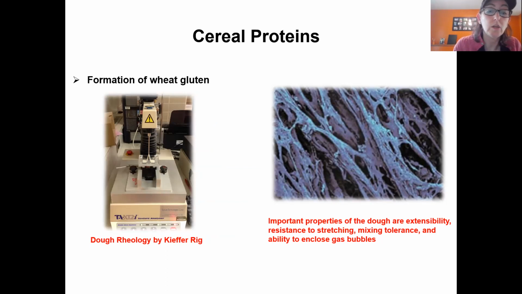But here, if I want to determine extensibility and strength of the dough, there's this Kiefer rig where you prepare strands of dough, and then you pull up the strand and measure the height, how much you can pull it up before it breaks. So that's a measure of extensibility. And the force is the measure of elasticity. The more force you need to pull it up, the more elastic is the dough.